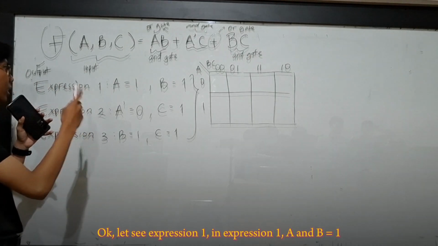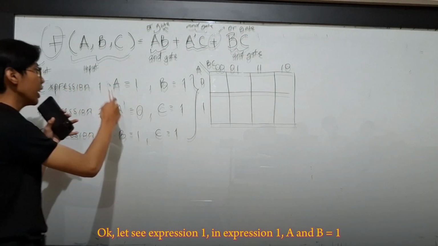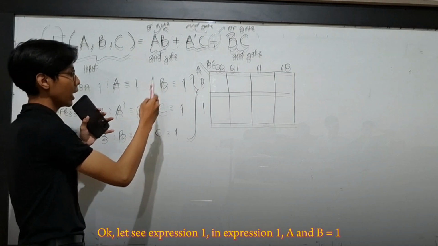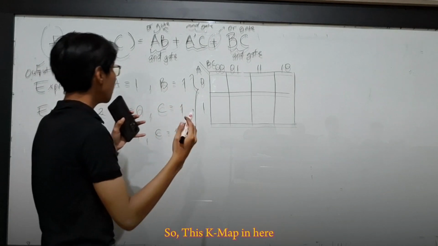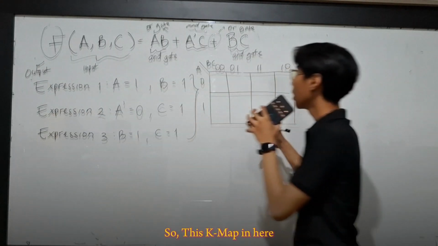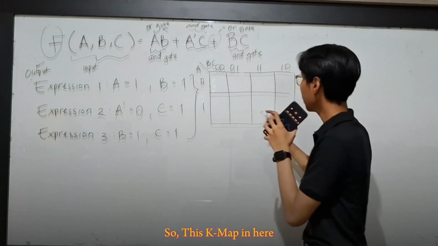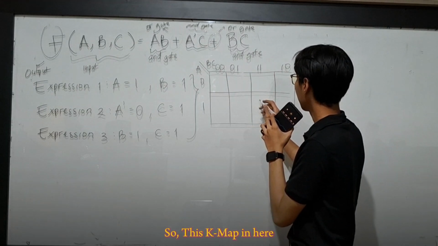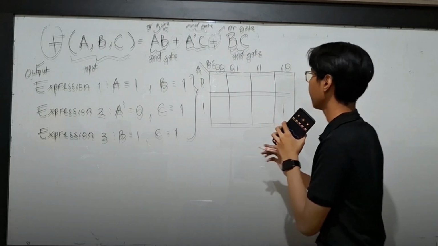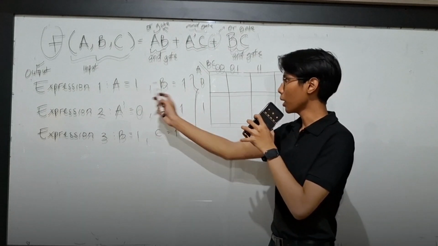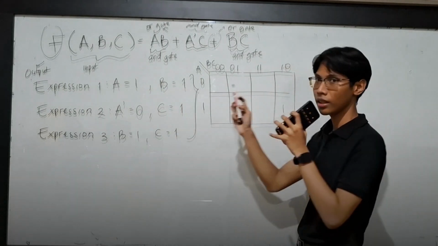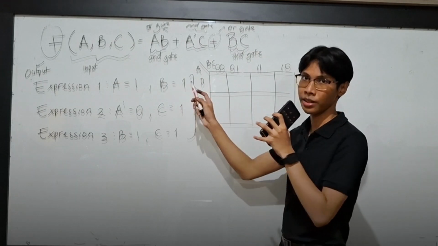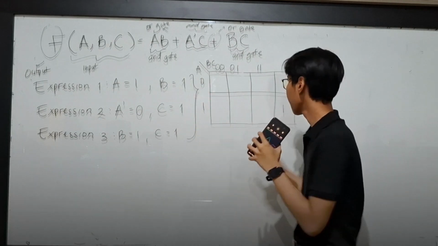In expression 1, A equals 1 and B equals 1, so in the K-map it goes here. A equals 1, B equals 1, C nothing in expression 1.